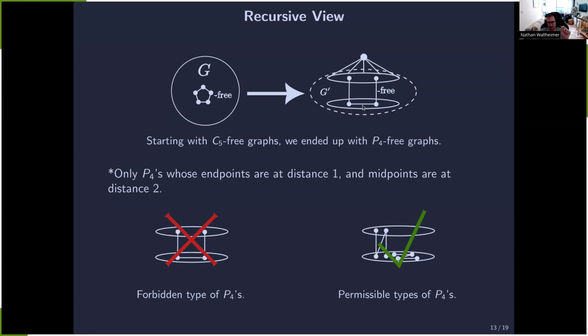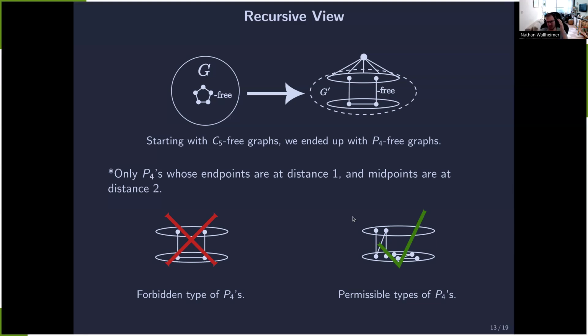So the recursion doesn't work. There could be many P4s in G prime. For example, on the right, you have zigzagging ones and P4s that remain in the distance 2 layer.